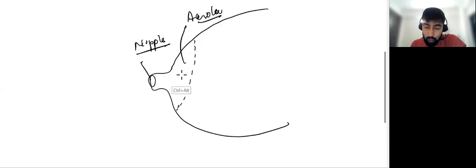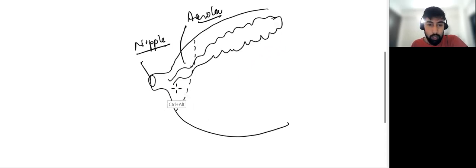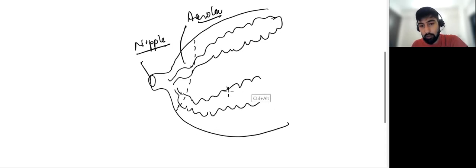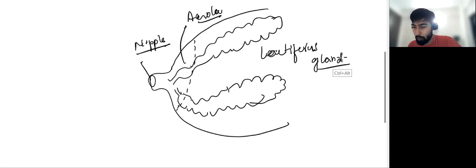Now, this nipple is connected to an ampulla, and this ampulla is finally connected to the lactiferous glands, which secrete milk. Lactiferous gland, or you can also write it as lactiferous, not a problem.